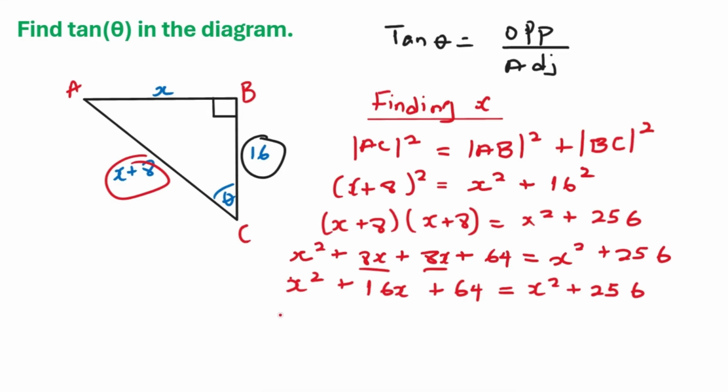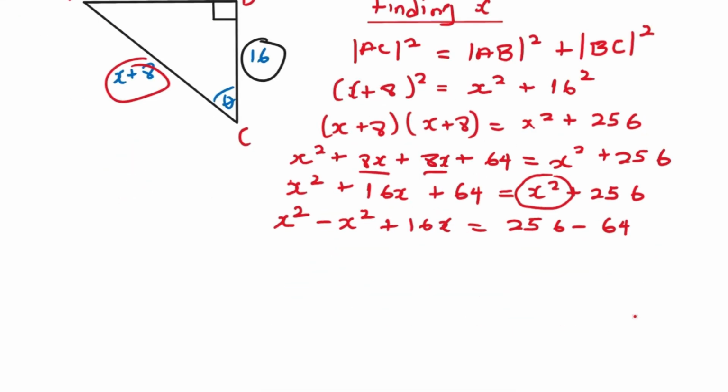I'm taking this x squared to this side so that we get minus x squared, plus 16x. And I have to take 64 to this side. So I'm going to get 256 minus 64. So x squared minus x squared, they will just erase each other. And we have 16x. When you subtract 64 from 256, we are going to get 192.